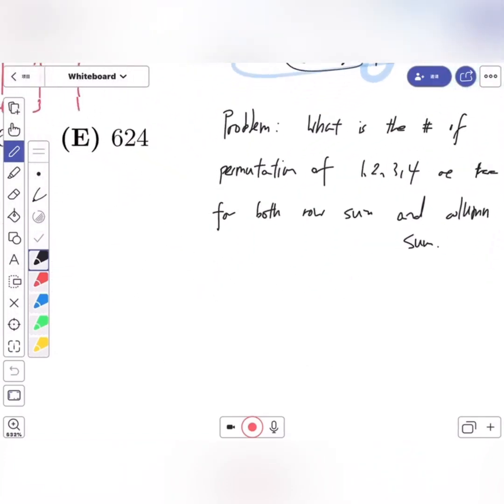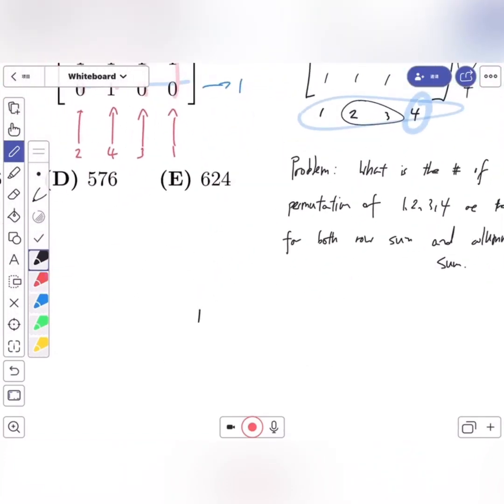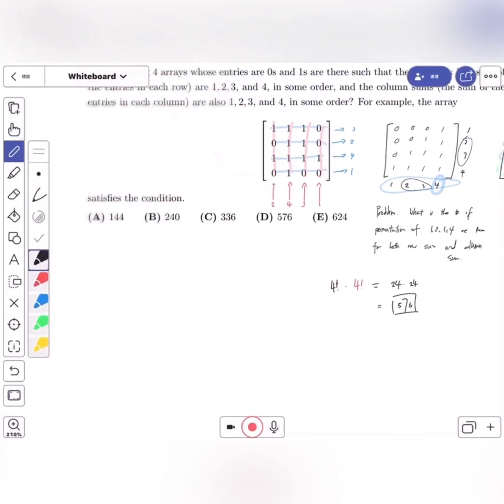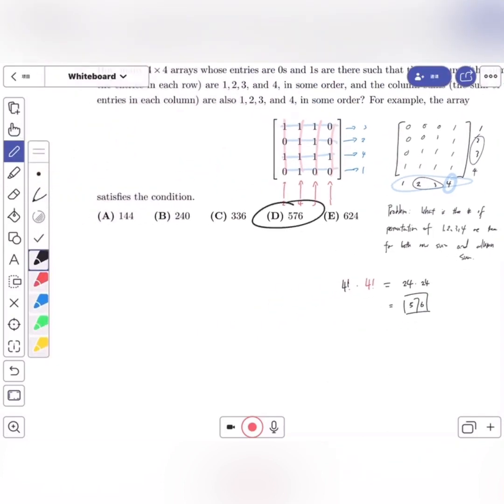So simply the answer would be 4 factorial, which is the number of ways to arrange 1, 2, 3, and 4 for the row sum, multiplied by 4 factorial to arrange the column sum. Now this simply becomes 24 times 24, which is equal to 576. And that gives us our answer choice, D.